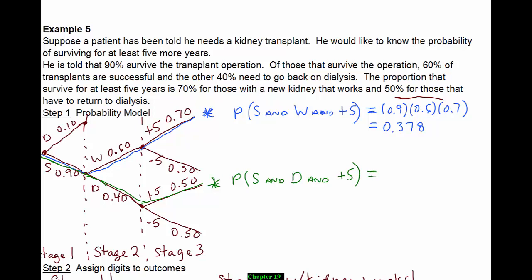And again, to take care of the word and, compute the intersections. On a tree diagram, we just multiply up the branch. So it's 0.9 times 0.4 times 0.5. And that ends up being 0.18.